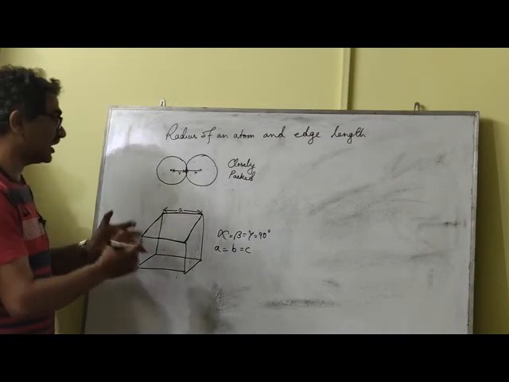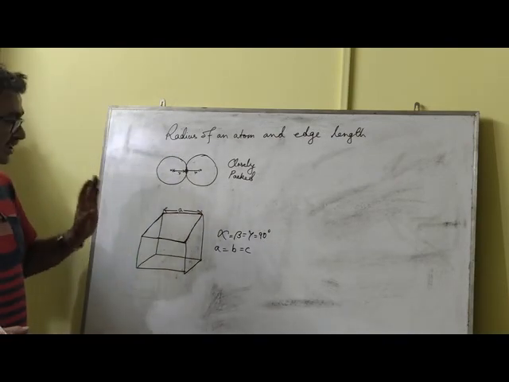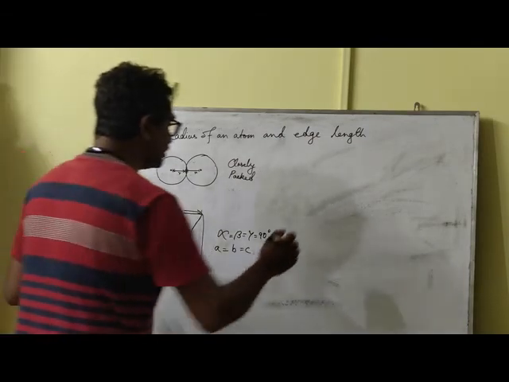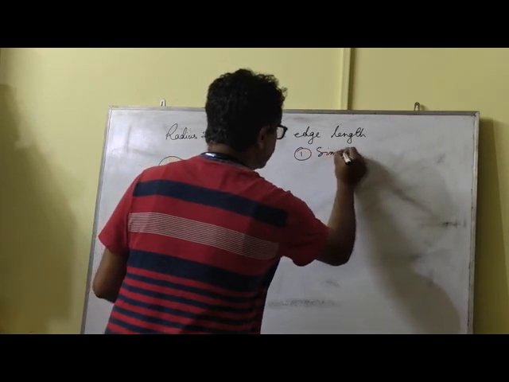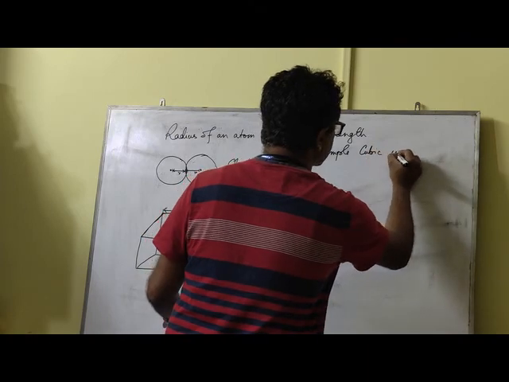So we are going to find a relationship between r and a. This is what we are going to do. So first, number one, the simple cubic unit cell.